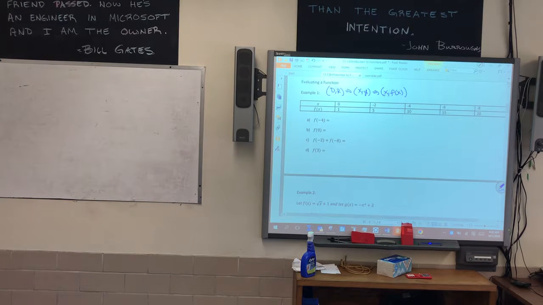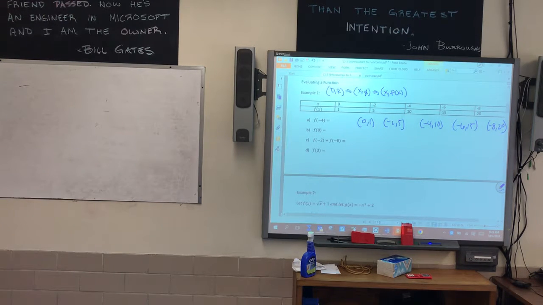But when we defined the notation for functions, we said y was equal to f of x, right? So they could just say 0, 1, negative 2, 5, negative 4, 10, negative 6, 15, negative 8, 20. Okay? If they give it to me that way, it's the exact same idea.